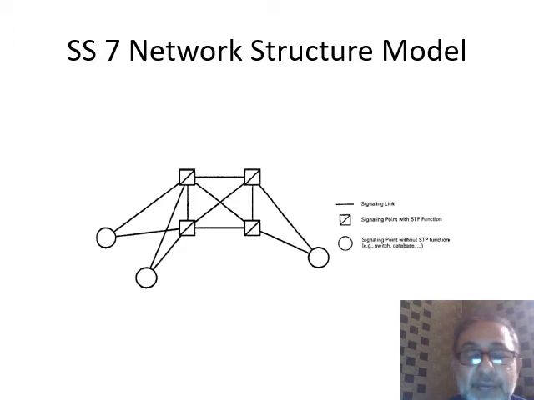Only a few of them have, and those are called the signaling transfer points. Otherwise, the function of these signaling transfer points and signaling points is the same. The only difference is that these signaling transfer points help other signaling points also to send their relevant information and receive their relevant information also. Signaling transfer point relays that information.